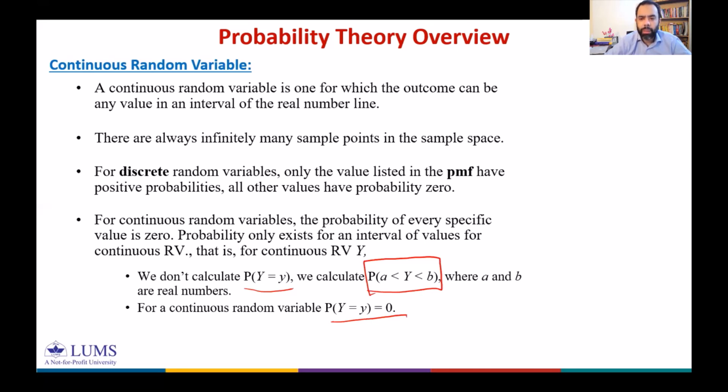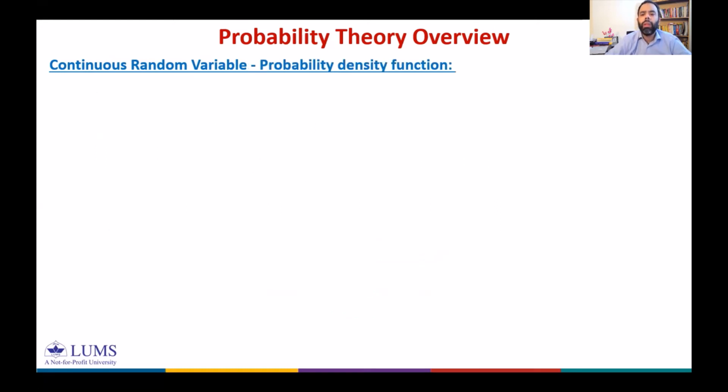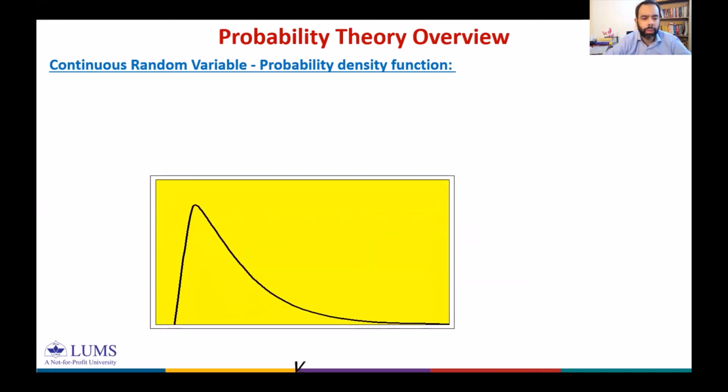For a discrete random variable, we had the probability mass function. For a continuous random variable, the counterpart is the probability density function. And usually it's on a continuous scale, so y is continuous, and this is the probability density function for the random variable y.